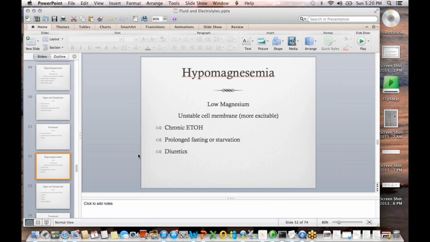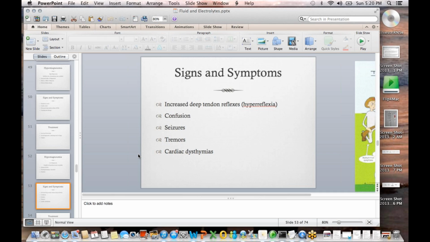We sometimes don't even check the magnesium level before we give it, but you want to understand what the signs and symptoms are. And low magnesium is a little bit more serious because it can cause cardiac issues.